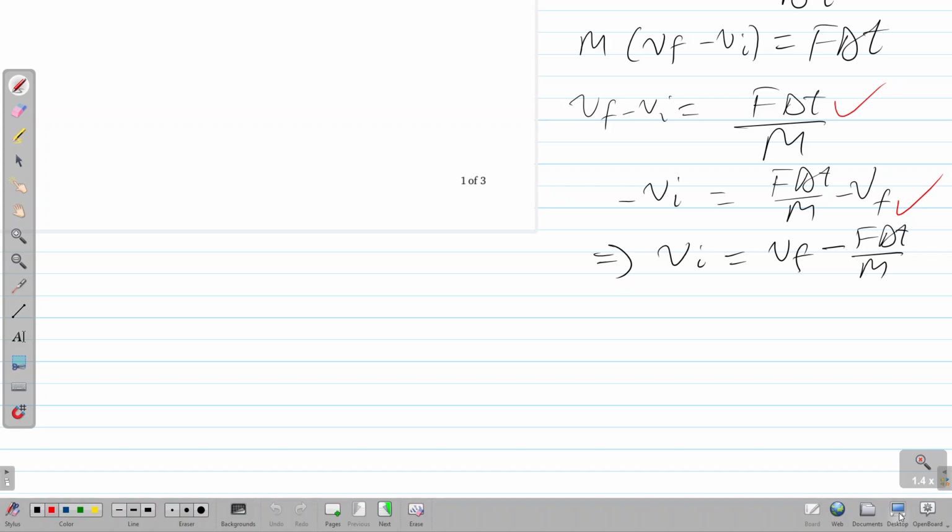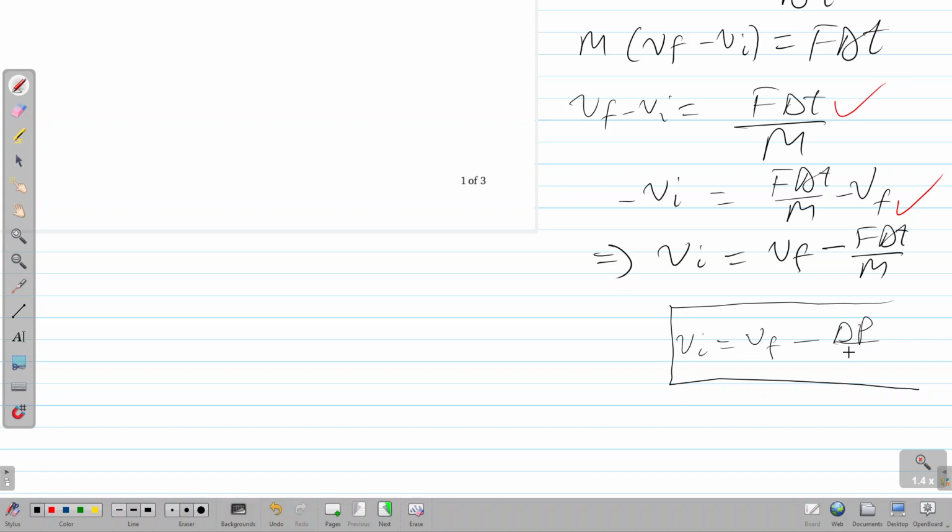Please allow me to make some comments about this result here. I'm just going to make some extra comments. So if you want to see if this answer is reasonable, note that if you've done momentum already, this is saying that v initial, the initial velocity, is the final velocity minus, note that F delta t is equal to change in momentum, okay?